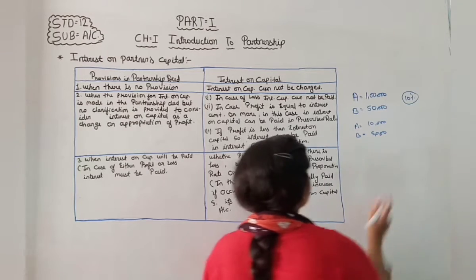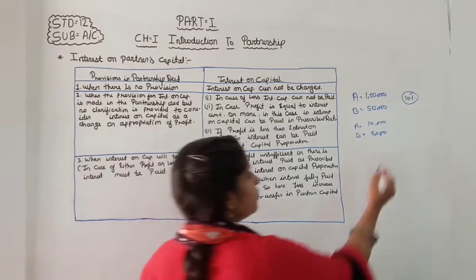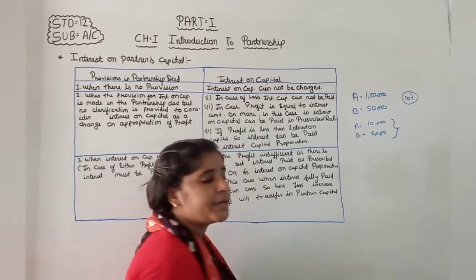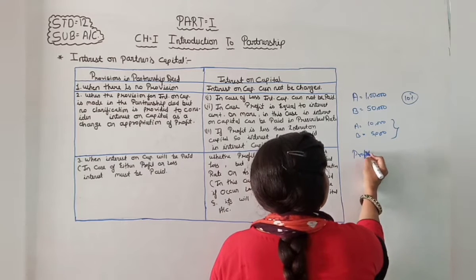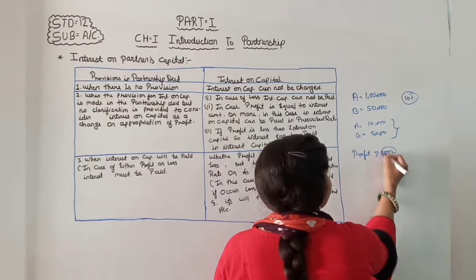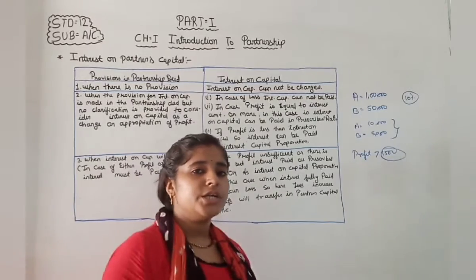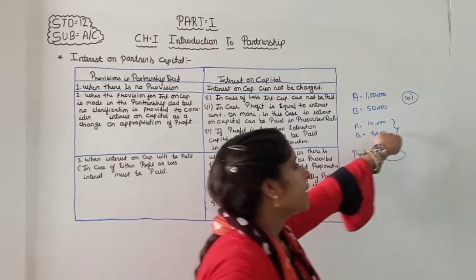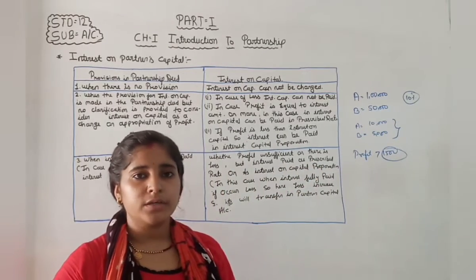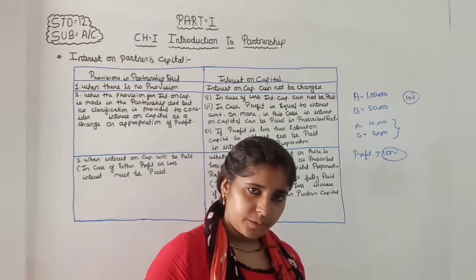If profit is 50,000, which is more than 15,000, we pay interest on capital at the prescribed rate: 10,000 for A and 5,000 for B.